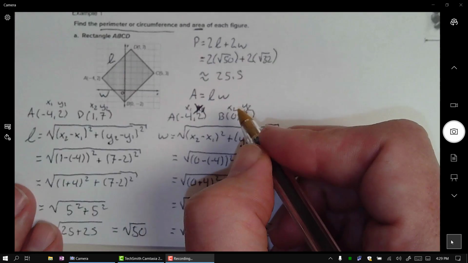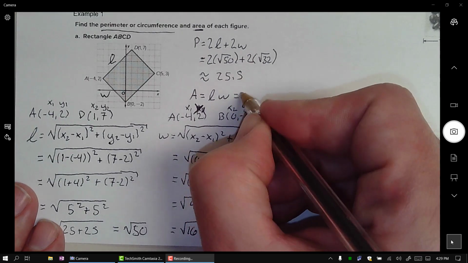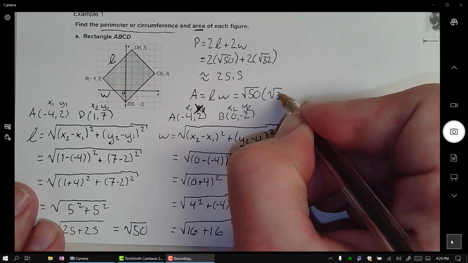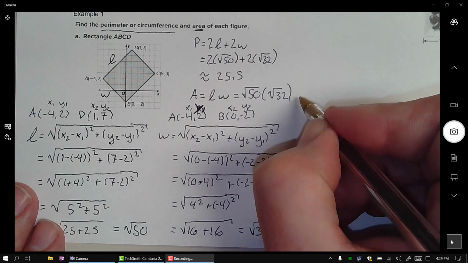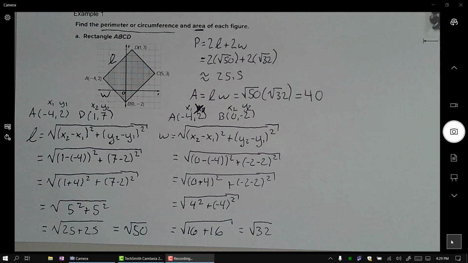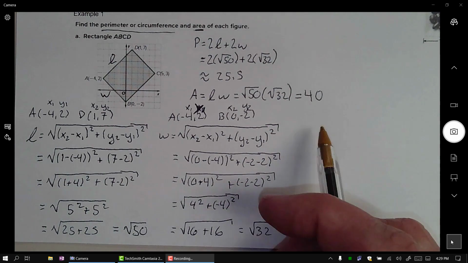For my area, I'm going to have the square root of 50 times the square root of 32. When I type that into my calculator, I get 40. So my perimeter is 25.5 and my area is 40.